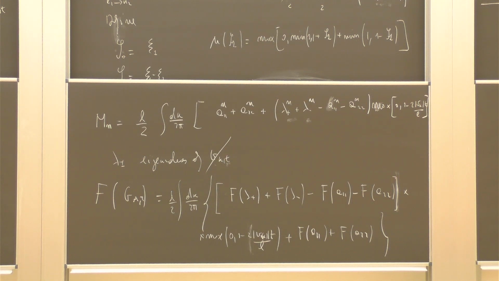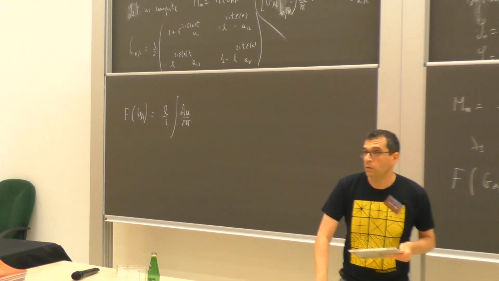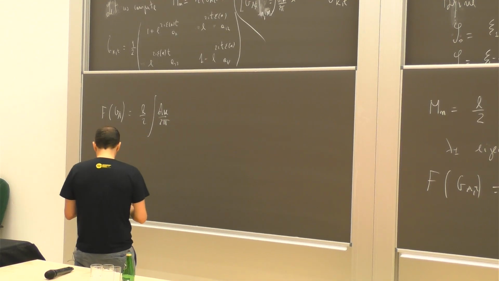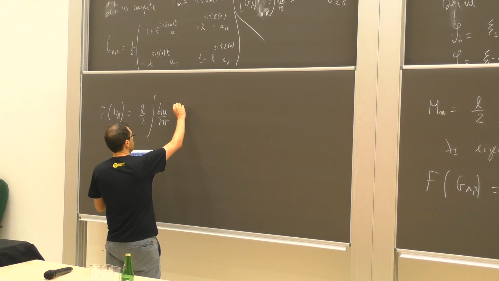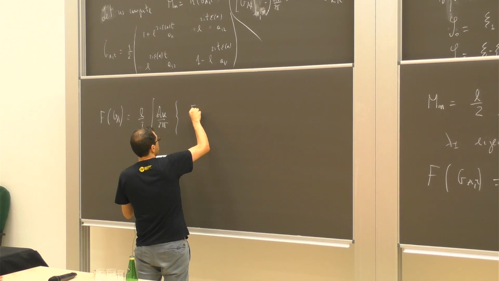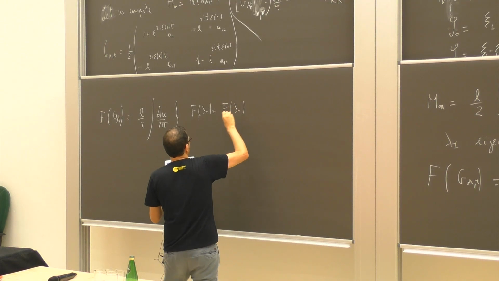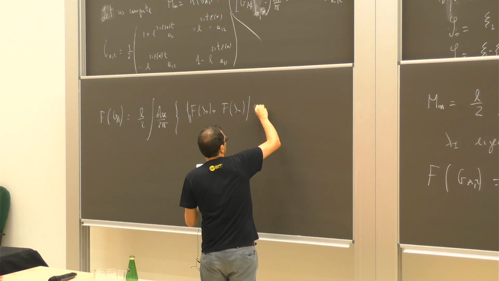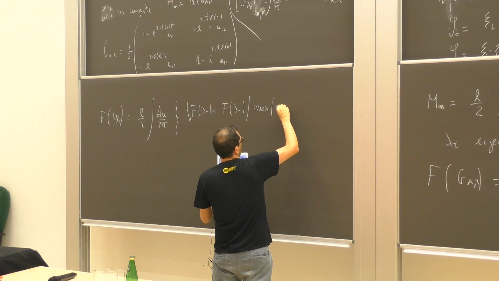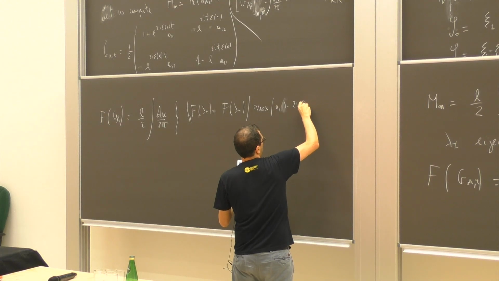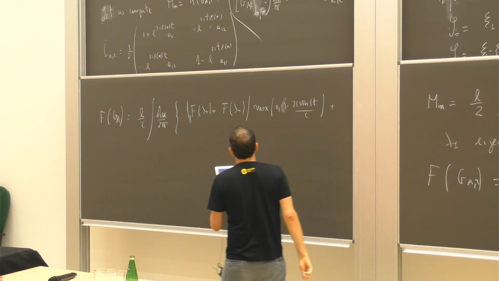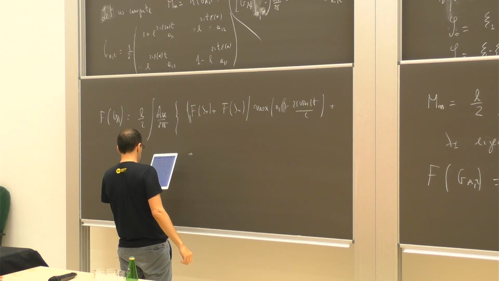So f of g a is equal to L half integral over dk over 2 pi, and then this should be simply, you can rewrite this as... I hope there is a minus, so yeah.